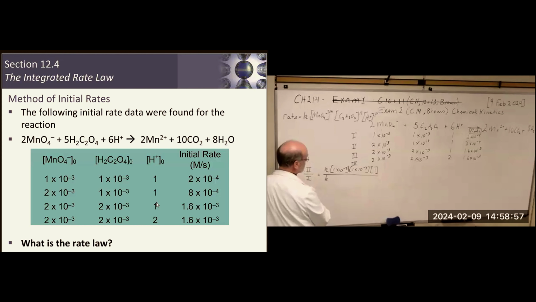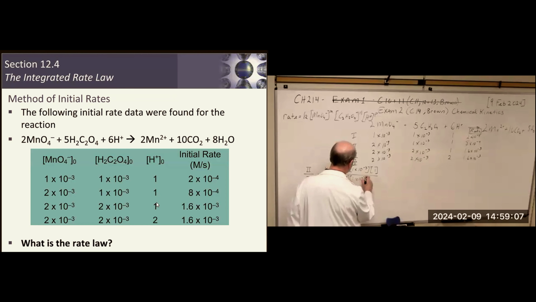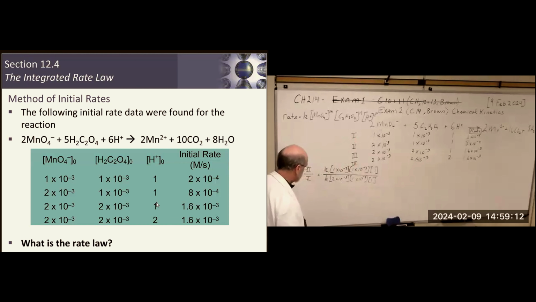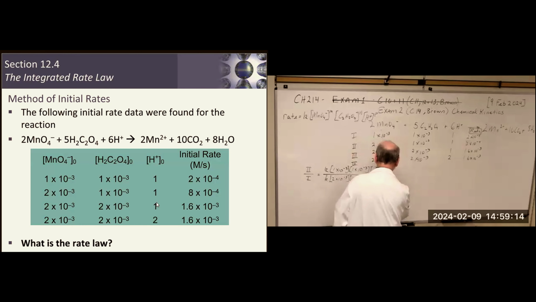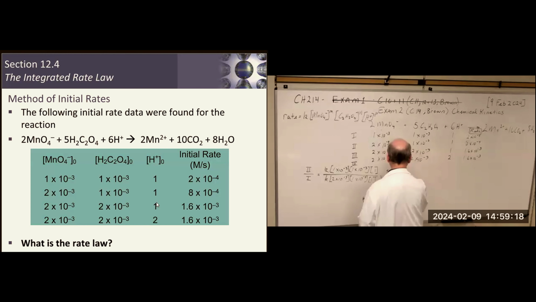It's also K, right? The K is the same always. This one's going to be 2 times 10 to the minus 3, and this one's going to be 1 times 10 to the minus 3 and 1. Okay. And then we need the rates. So the first rate is 8 times 10 to the minus 4 divided by 2 times 10 to the minus 4.